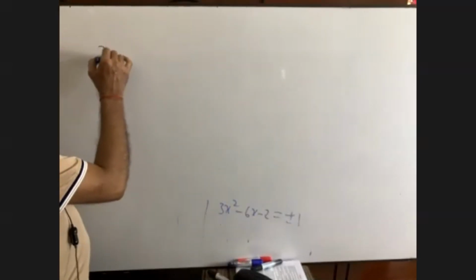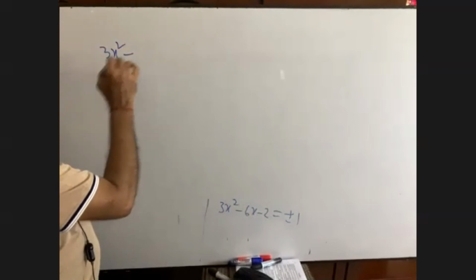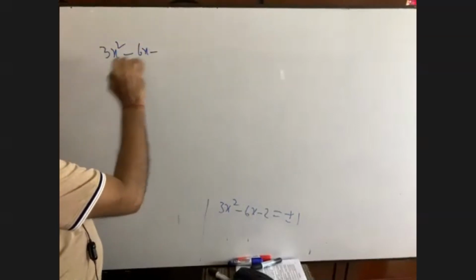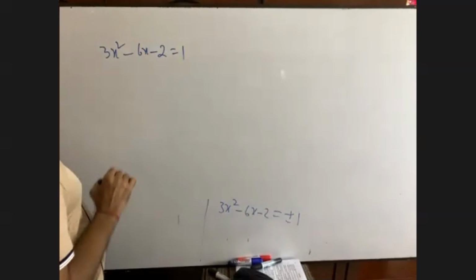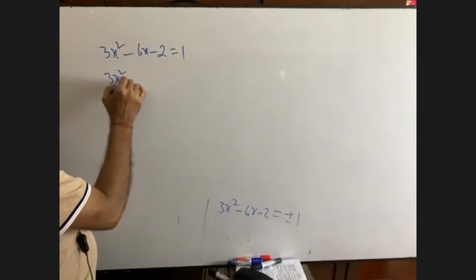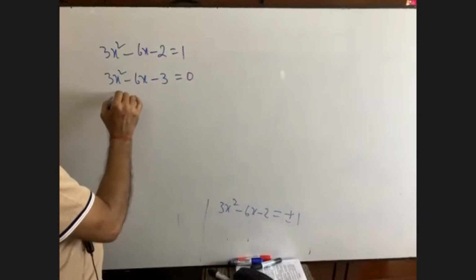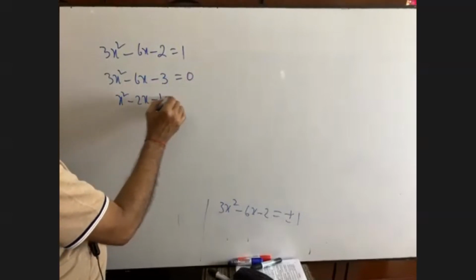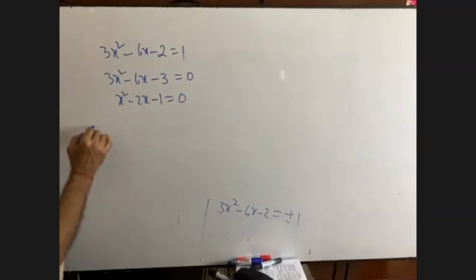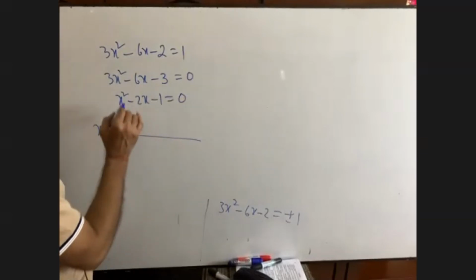We are getting 3x square minus 6x minus 2 equals to 1. That is 3x square minus 6x minus 3 equal to 0. That is x square minus 2x minus 1 equals to 0. So we are getting x equals to what?